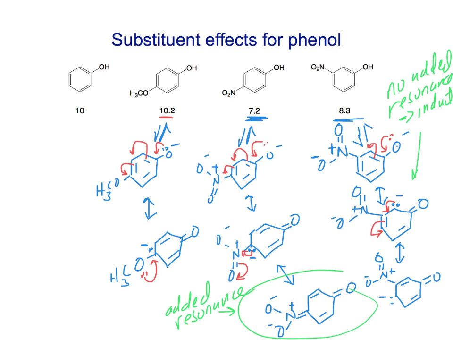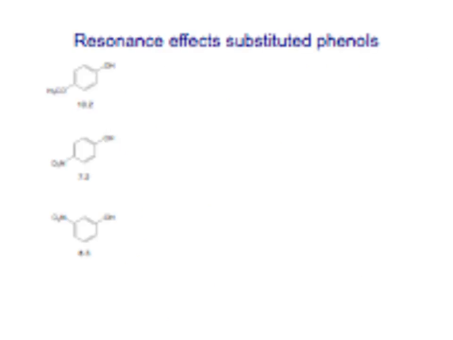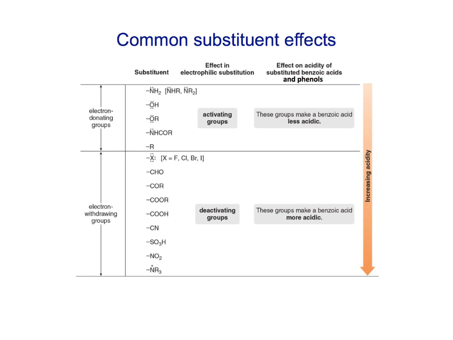Okay? So in general, the effects that we're looking at, activating and deactivating groups. We already did this. I did it all on that slide. But if we look at this table that we already talked about in the last chapter, when we have activating groups, these are all the groups above this line. We talked about how all of these are electron donating.